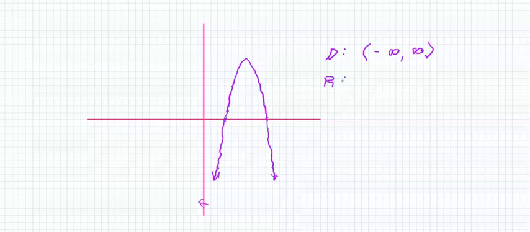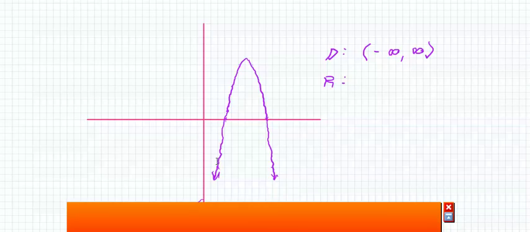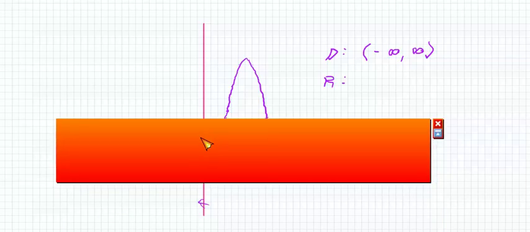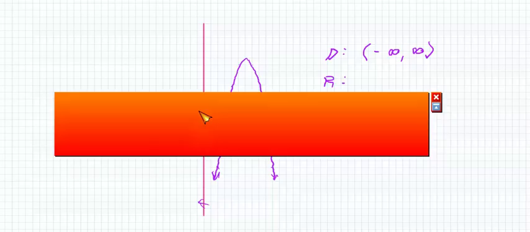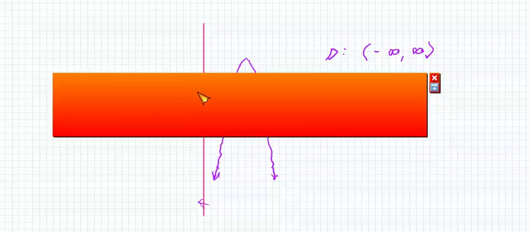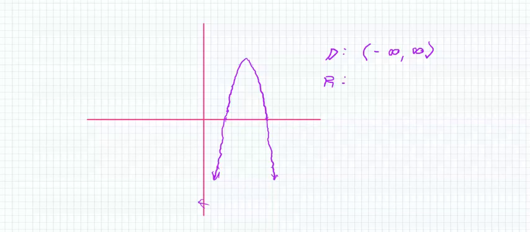My range, we start down here, and because it's going to the left and it's going down, it starts at negative infinity, but it's going to stop. 1, 2, 3, 4, 5, 6, 7, 8, 9. All right, right here at positive 9 is where it starts.